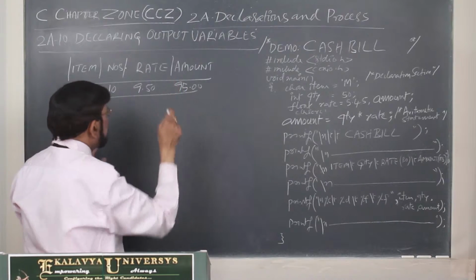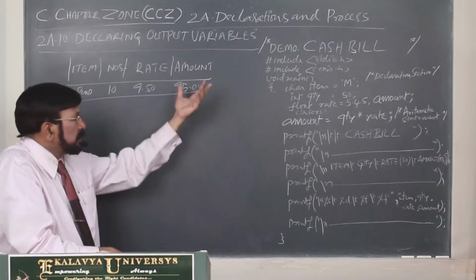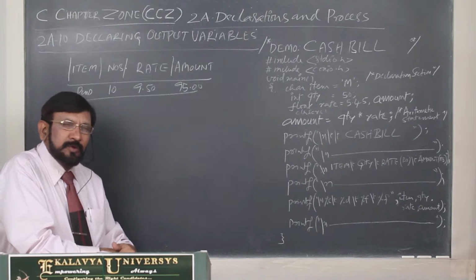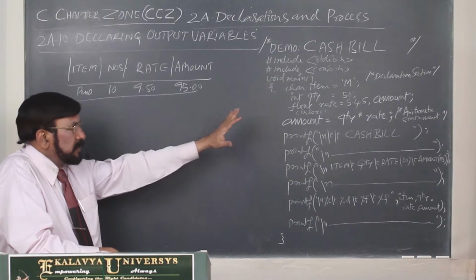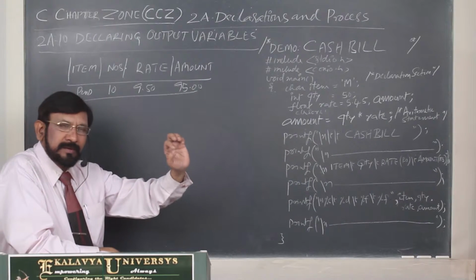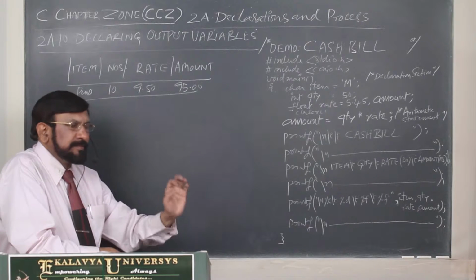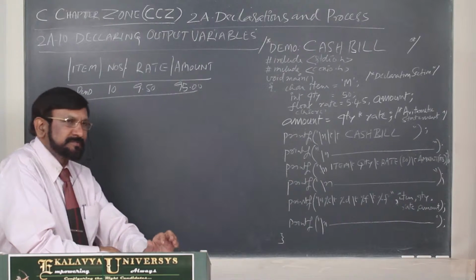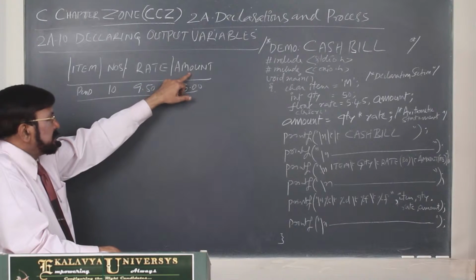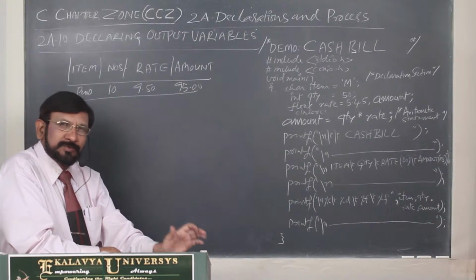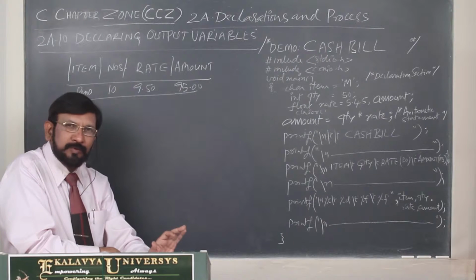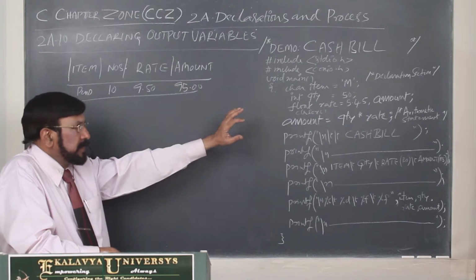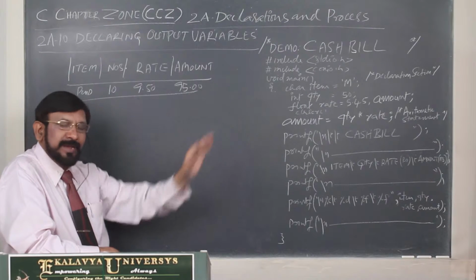In this manner, you receive a cash bill. So, if we analyze, how can we write a cash bill? One more data item is missing. What is that data item? Amount is missing. So, if we are able to write amount, we can write a program for printing a cash bill.